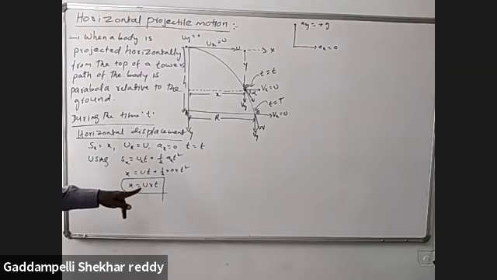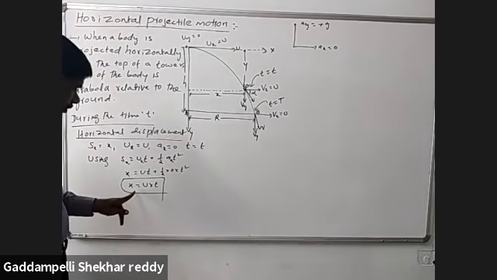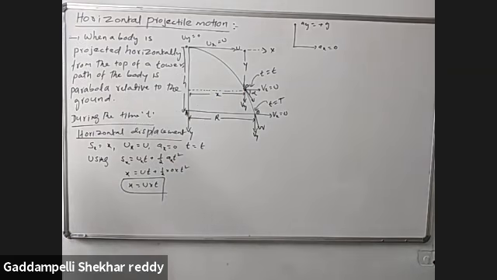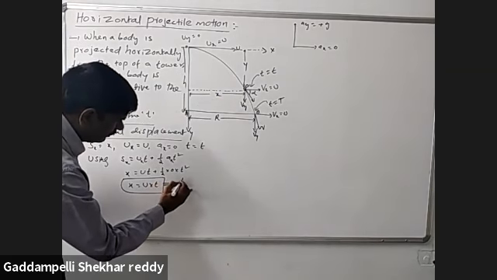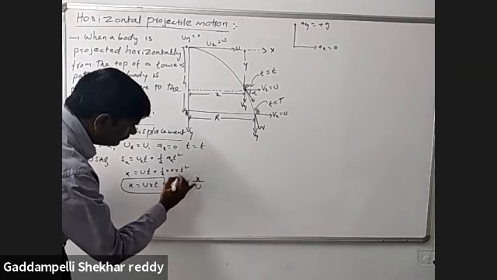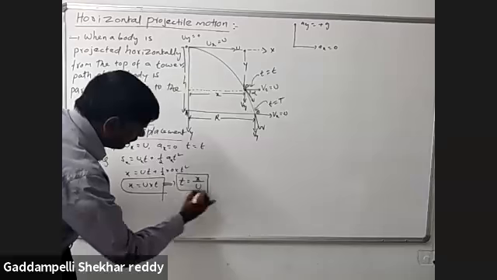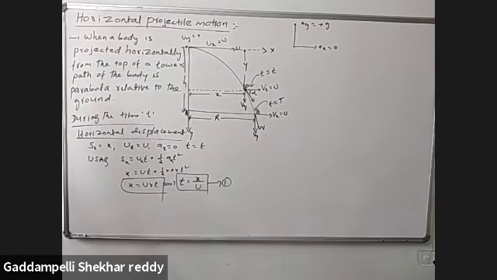This is known as the horizontal distance traveled by the body along the parabolic path. From this equation, time is calculated as t is equal to x by u. That is equation 1.